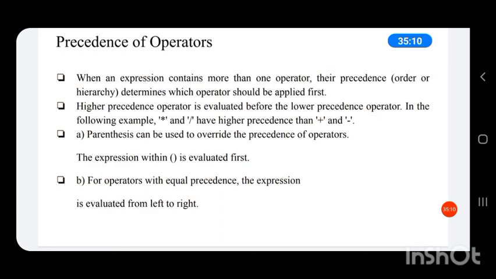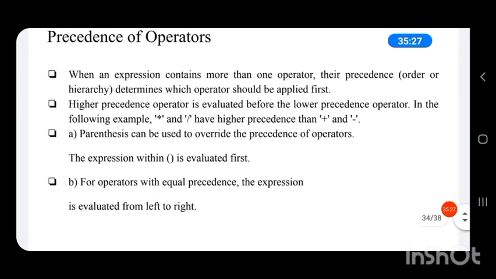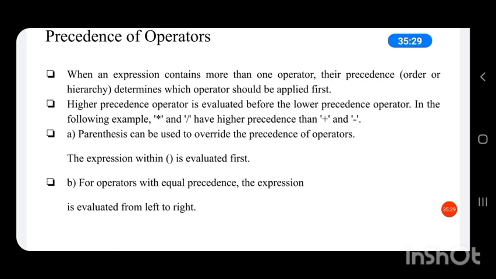A higher precedence operator is evaluated before the lower precedence operator. Here, multiplication and division have higher precedence than plus and minus. Like in maths, same is here also. First we have higher precedence for bracket, then division, then multiplication, then addition, and then subtraction.